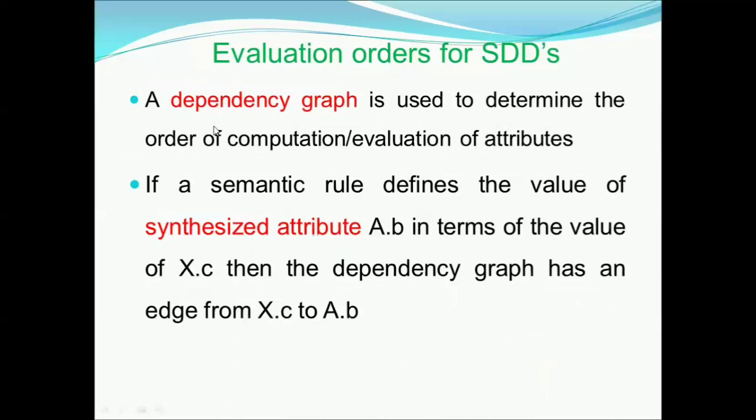Continuing with that, a dependency graph is used to determine the order of computation or evaluation of attributes. It means which one will get executed first and which one next will be represented using the dependency graph.